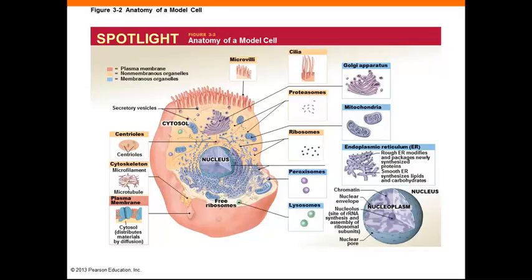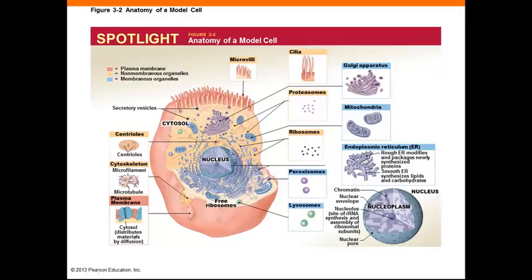Some of the non-membrane enclosed organelles are ribosomes, which are pictured here as just little dots scattered throughout and attached to the endoplasmic reticulum. So that's the difference between free ribosomes, the ones sprinkled throughout, and fixed ribosomes, the ones attached to the endoplasmic reticulum.